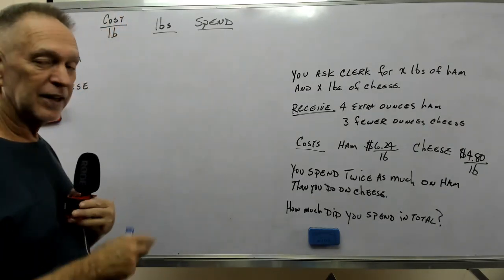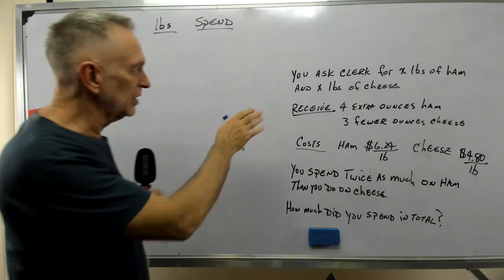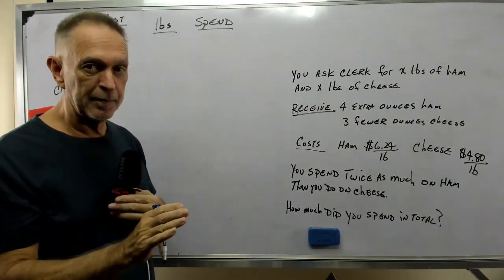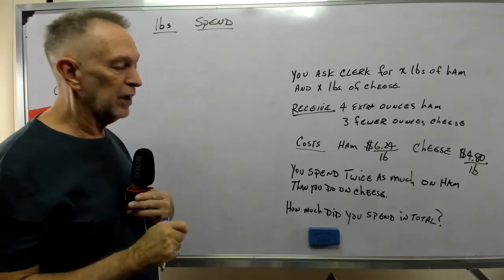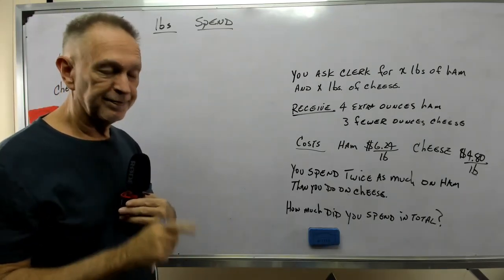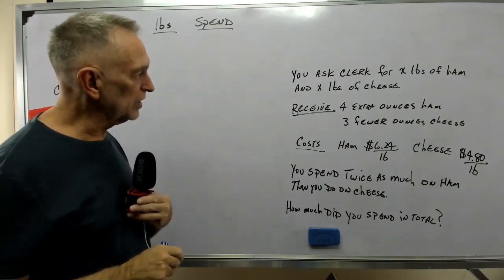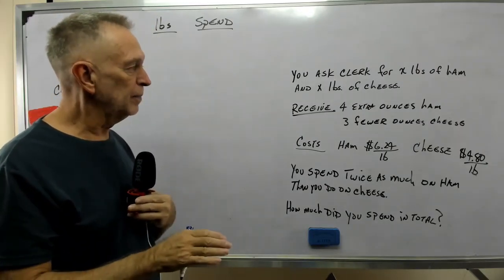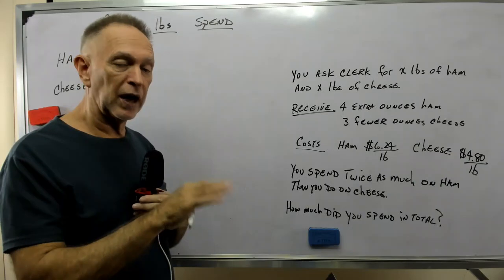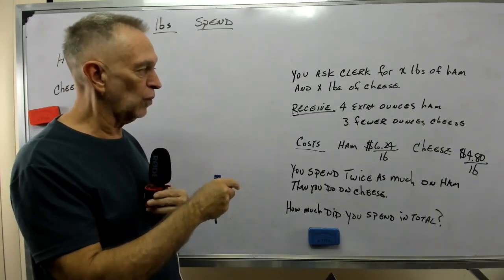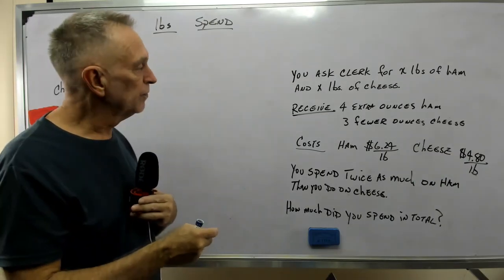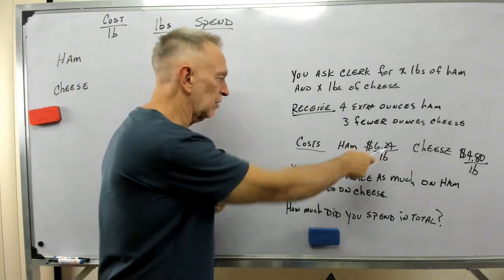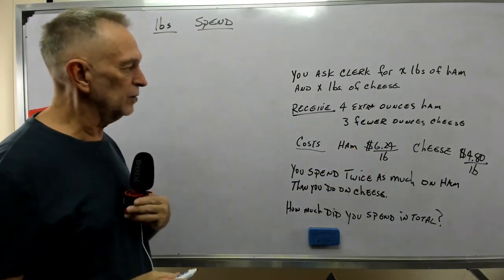Alright, you're at a deli and you're asking the deli clerk for X pounds of ham and X pounds of cheese. You receive 4 extra ounces of ham and 3 fewer ounces than you asked for of cheese. The cost for ham is $6.24 per pound.